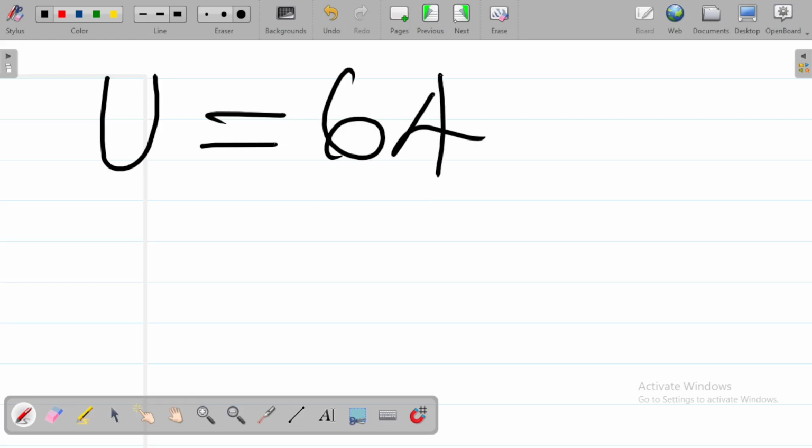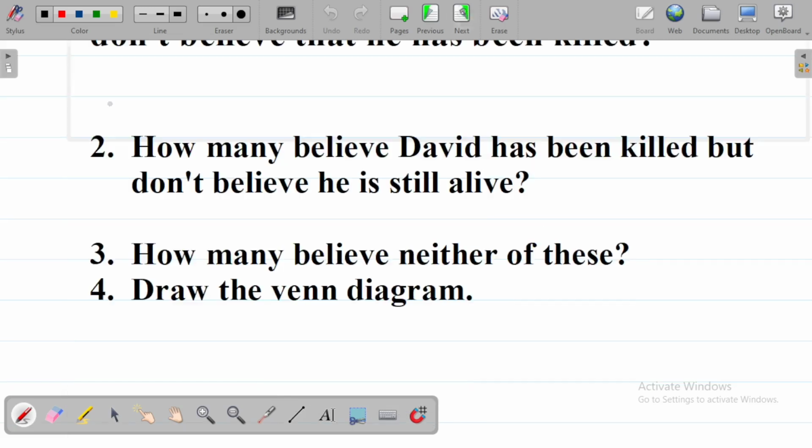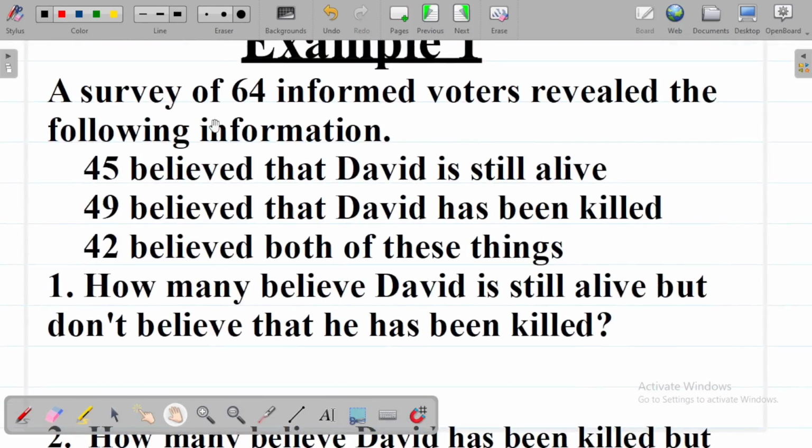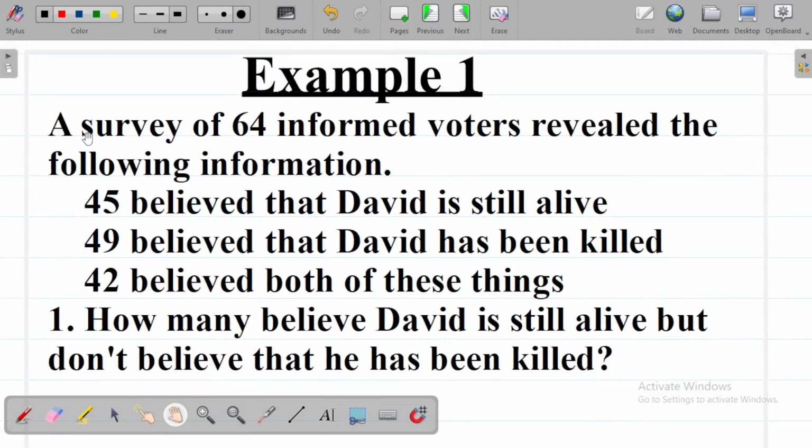Now let's check the question again. It says a survey of 64 informed voters. So we have 64 informed voters. 64 is the universal set.